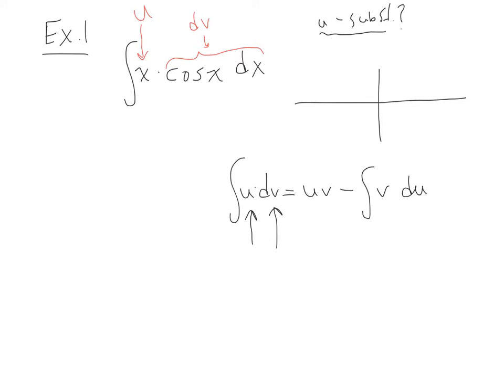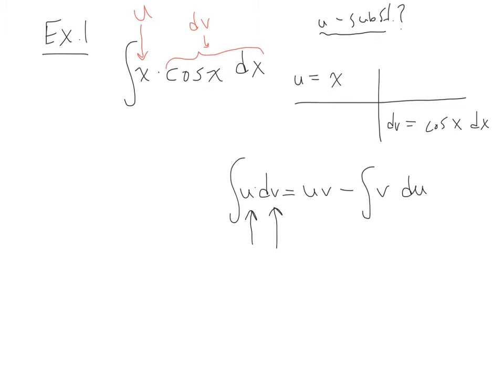So what's this little box I drew to the right? That's how I was typically taught, and I think it's a nice little way to organize your information. You choose your u, whatever your u is, and write that above. So in this case, our u is x. And whatever your dv is, you're going to write that down in the bottom right. dv is equal to, in this case, cosine of x dx.